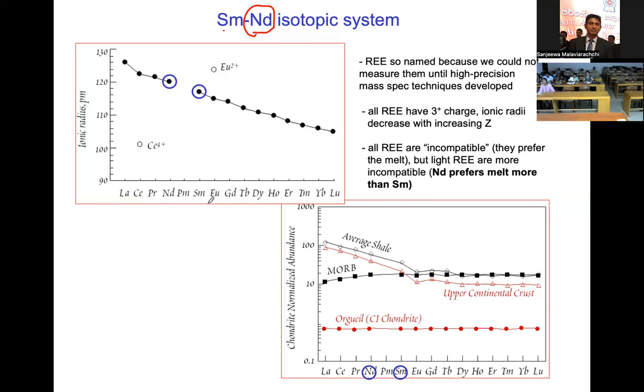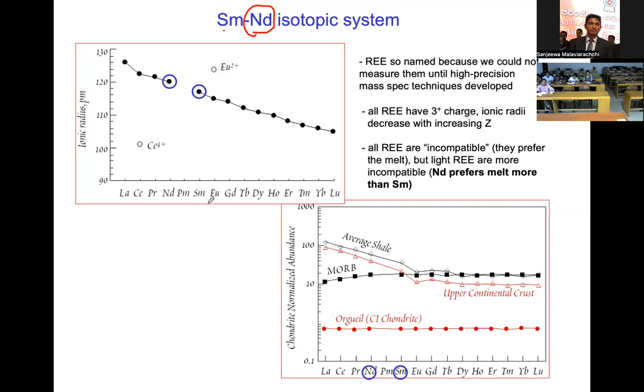So if you don't have much parent accumulated there, its radiogenic daughter will be less over time. If you don't have the parent isotopes, you don't have many daughter isotopes with time, because there are not many parent isotopes to decay.